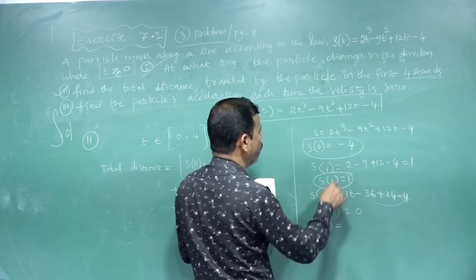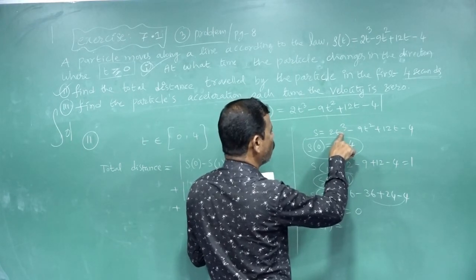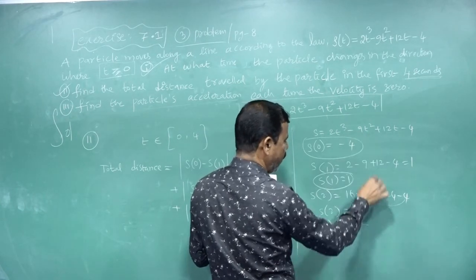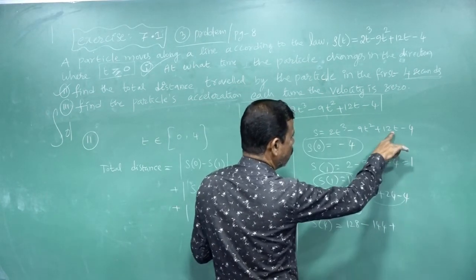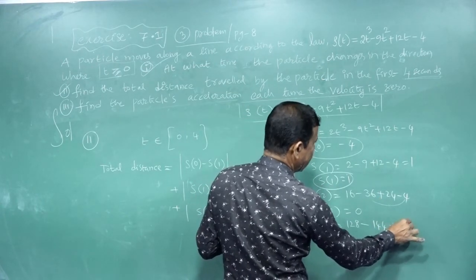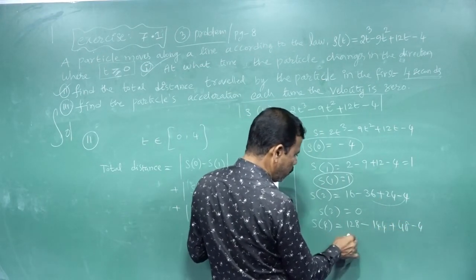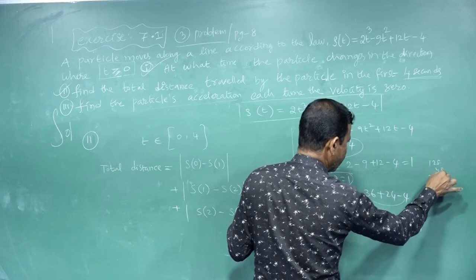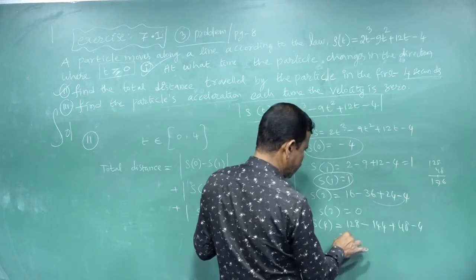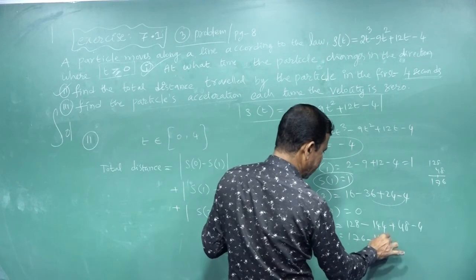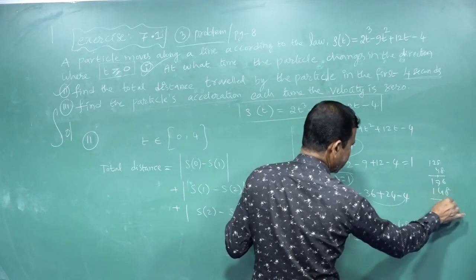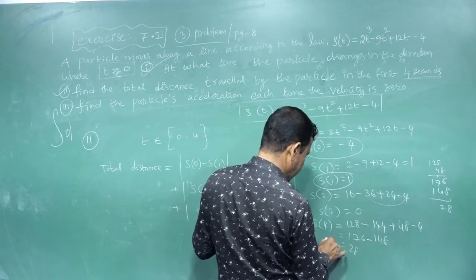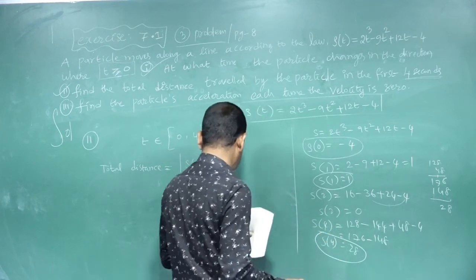S4 is 4 cube 64, 64 into 2 is 128, minus 4 square 16 into 9 is 144, plus 4 into 12 is 48, minus 4. So 128 plus 48 is 176, minus 144 is 32, minus 4 is 28. S4 is the 28 value.